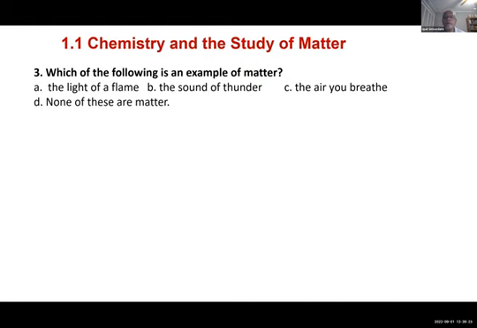Are you reading this? What is an example of matter? Are you guys going to answer looking at this?